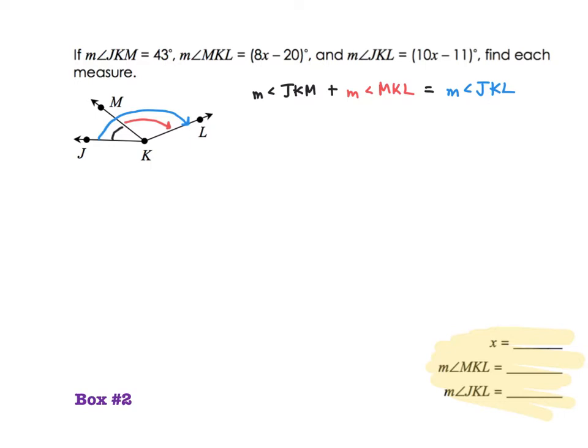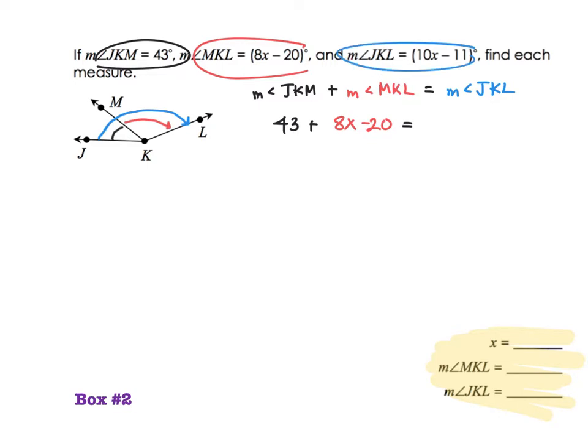We have JKM on top, they tell me it equals 43, plus MKL right here, they tell me it equals 8x minus 20, so I'm going to write 8x minus 20. And that is equal to JKL, which is that right there, and that equals 10x minus 11.